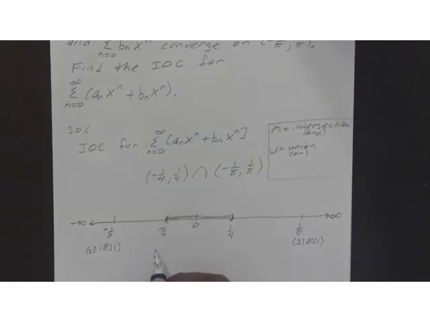Plug negative 1/4, you get negative 0.25. And you get positive 0.25. So we know that for this interval, every value in between there belongs in their interval of convergence.